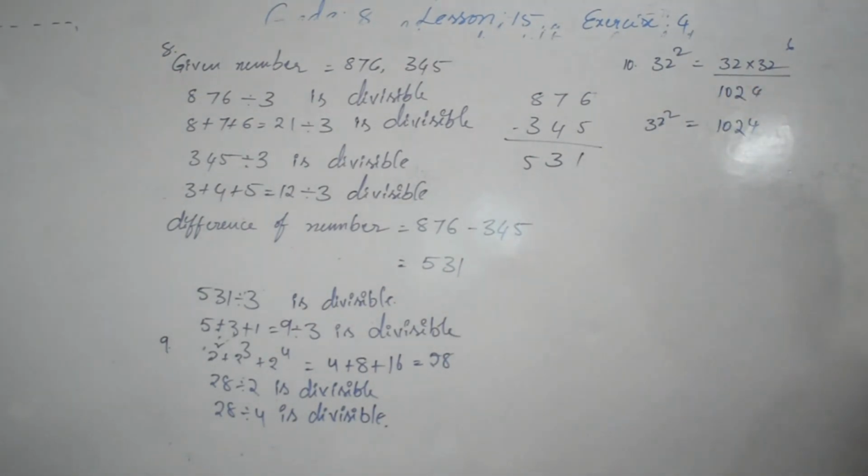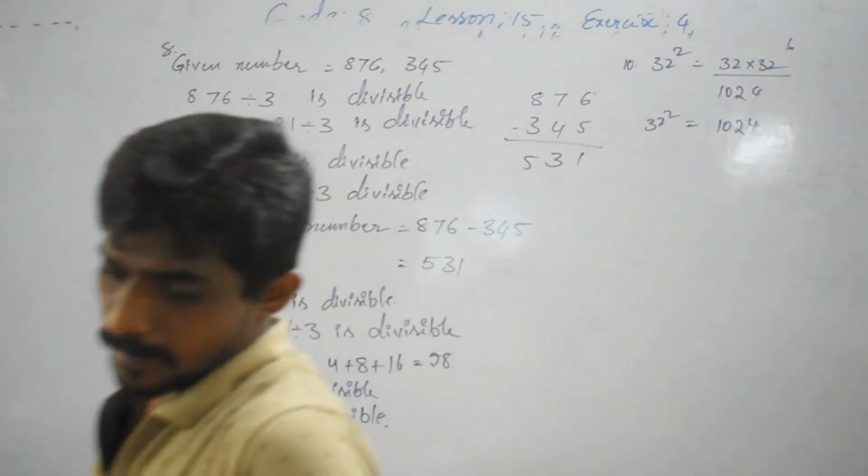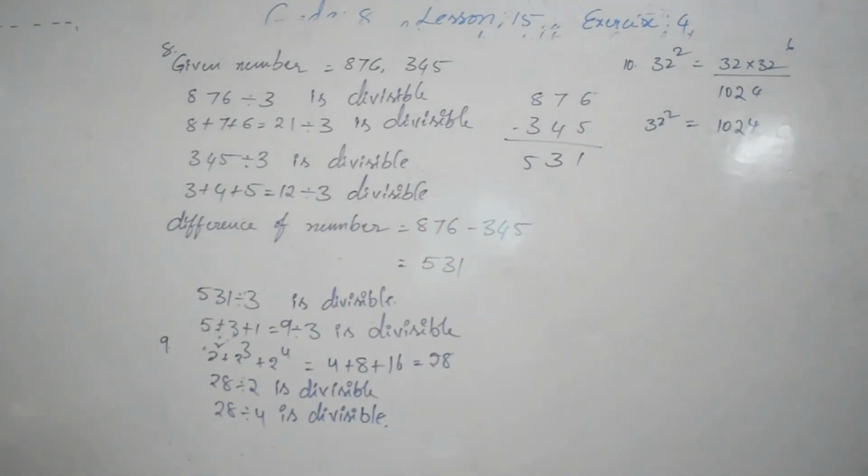So 1024 is divisible by 8 and divisible by 4.